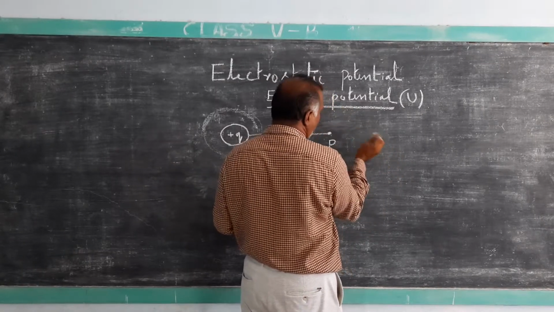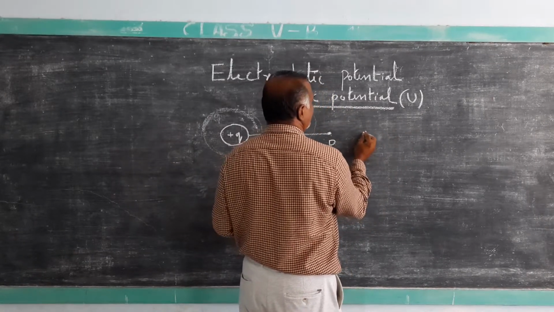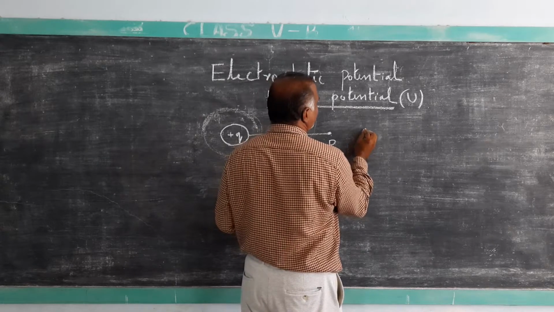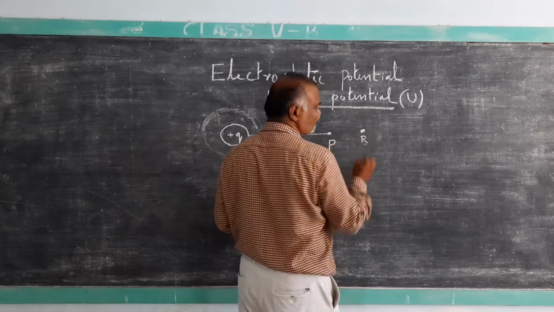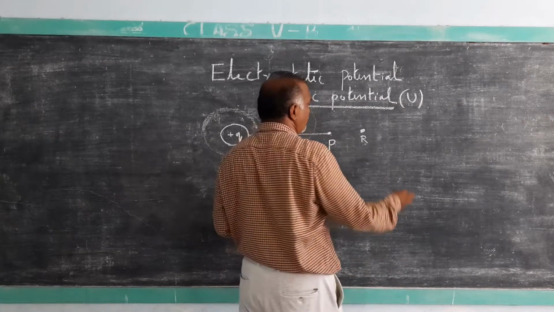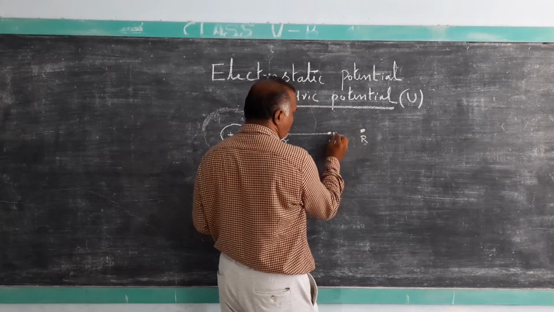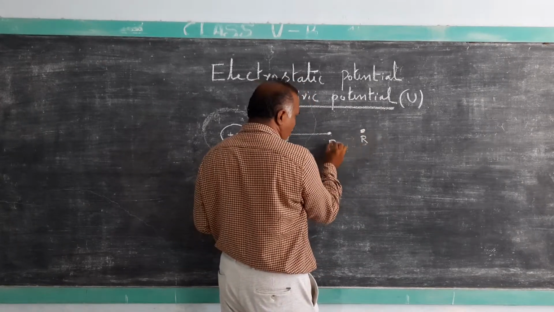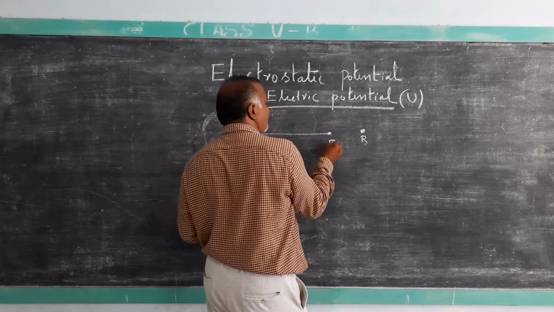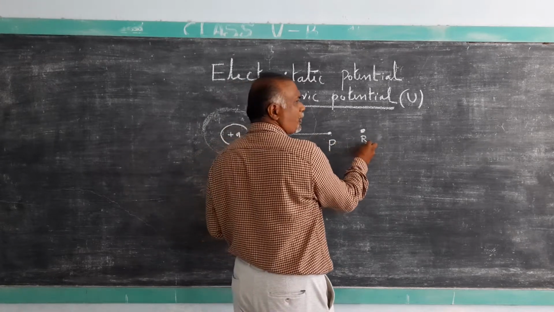So from infinity, for easy calculation, we take one point R. P is a point, for example, 1 meter from here, and this is 1.5 meter from here.